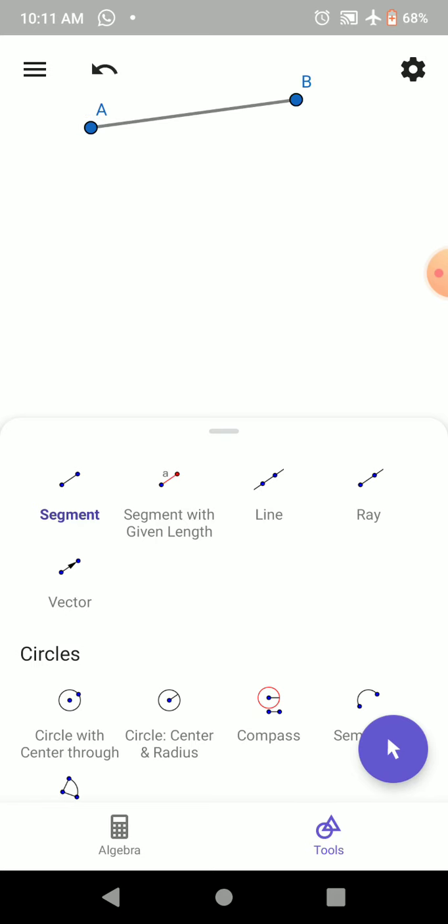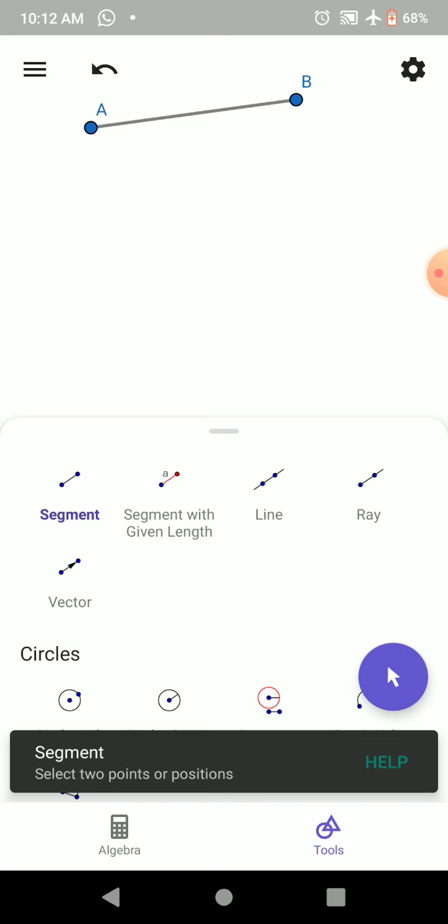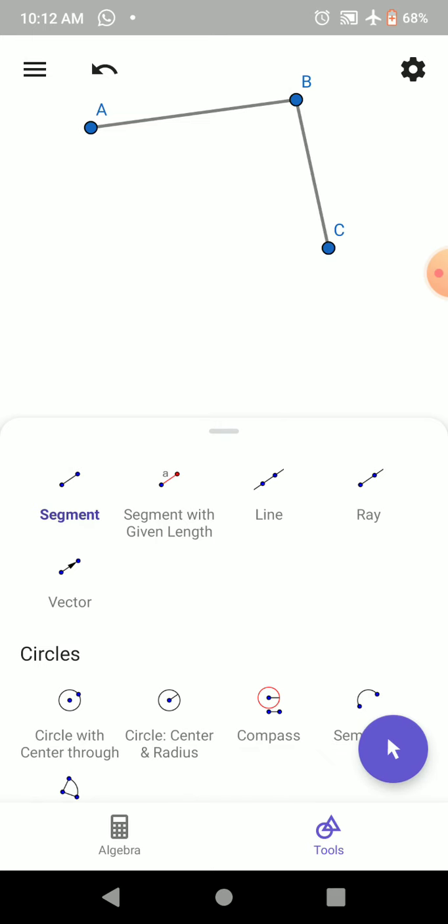Suppose I have taken 2 points and drawn a segment AB. Then if I take one more point C and connect B and C, segment BC will be formed.